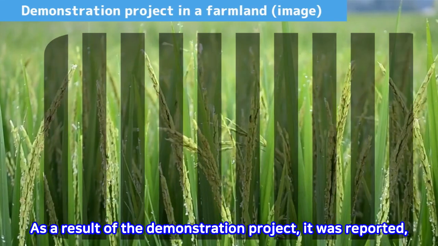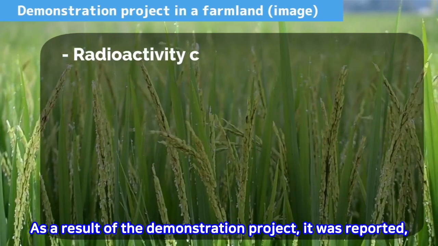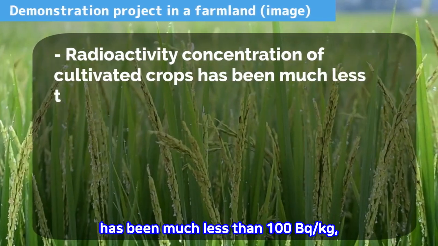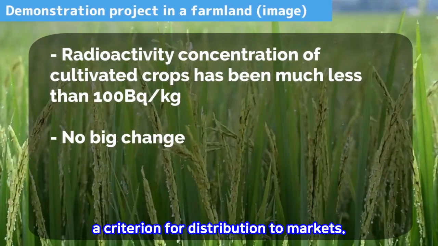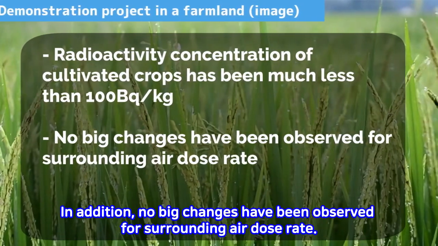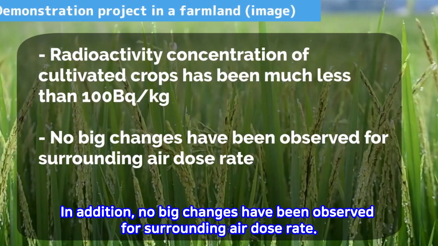As a result of the demonstration project, it was reported that radioactivity concentration of the cultivated crops has been much less than 100 becquerel per kilogram, a criterion for distribution to markets. In addition, no big changes have been observed for surrounding air dose rate.